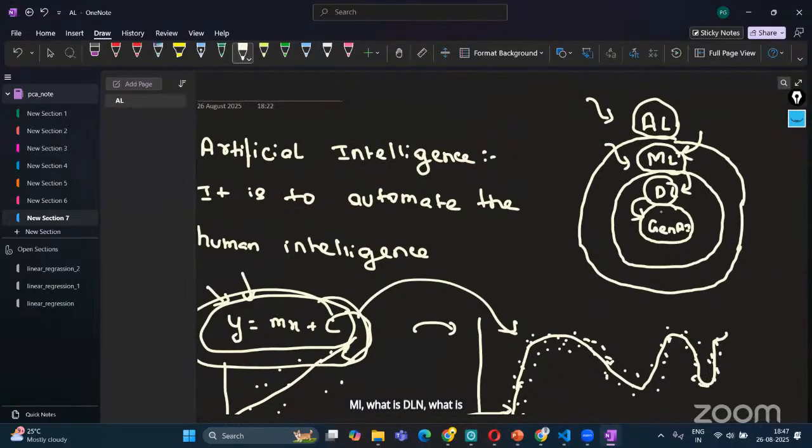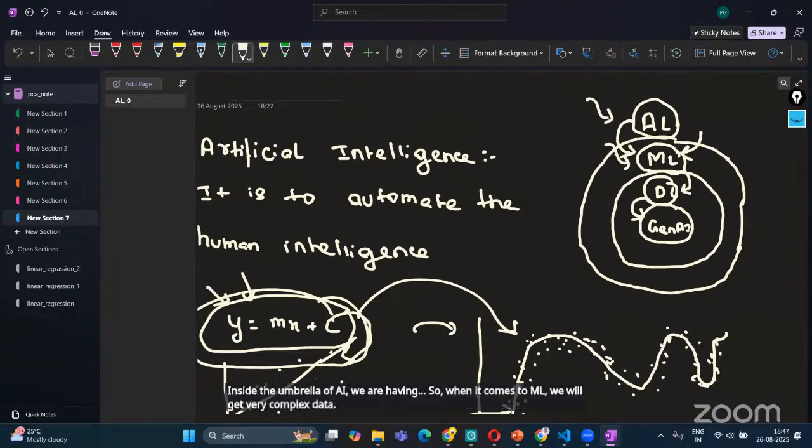what is GenAI. When it comes to AI, it helps in automating human intelligence, how a human being thinks. If you want to automate that thinking of the human being, we will go for AI. Inside the umbrella of AI, we have ML. When it comes to ML, we get very complex data, and we will not have a sufficient equation to create this line for the complex data.